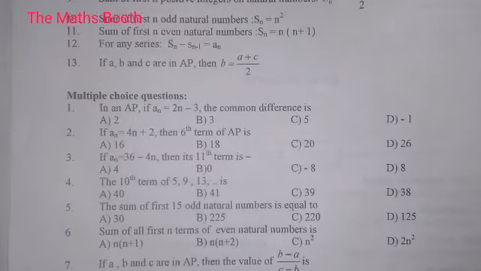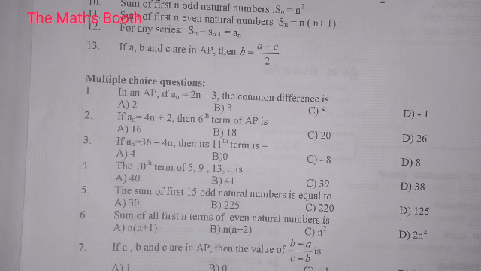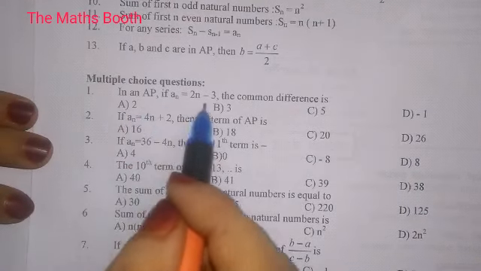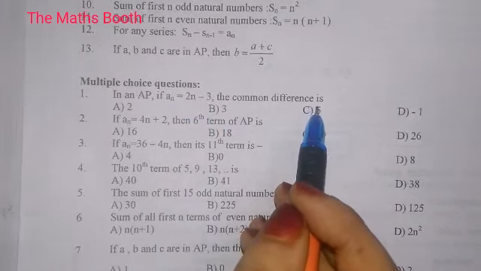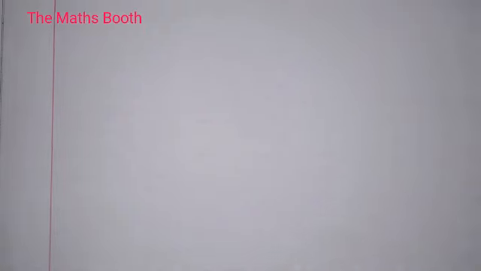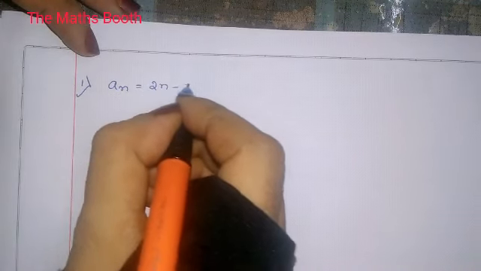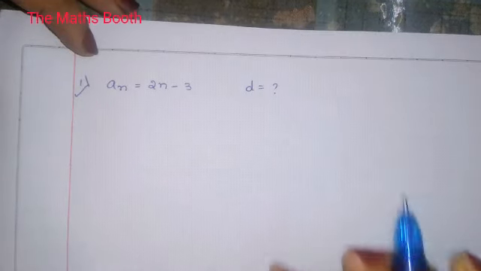Here they have started with a multiple choice question. In an AP, if an is equal to 2n minus 3, the common difference d is what they have asked us to find.